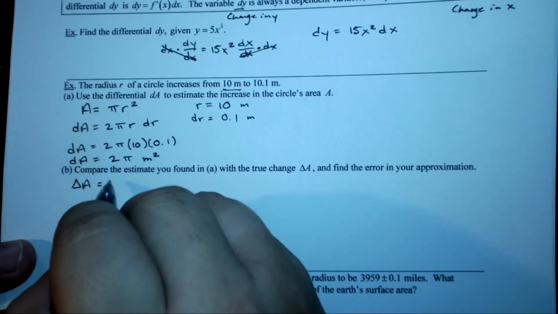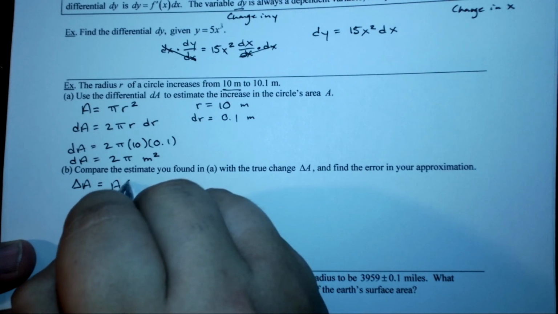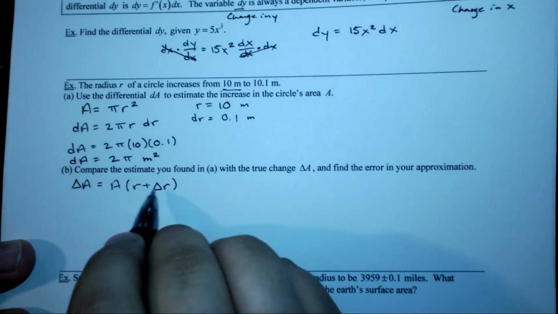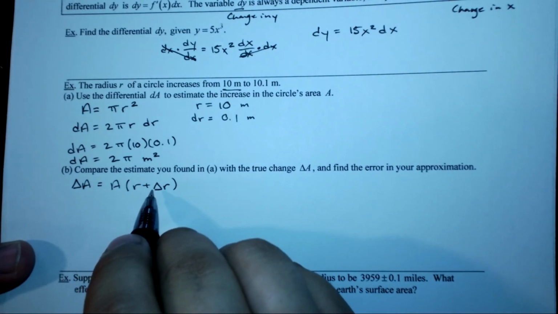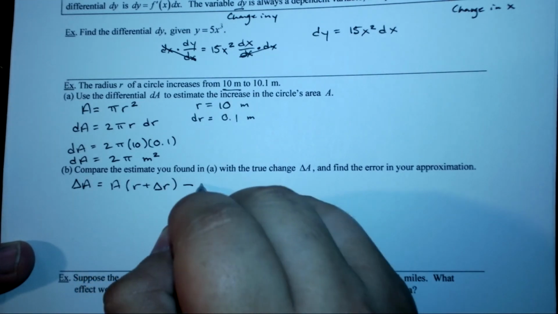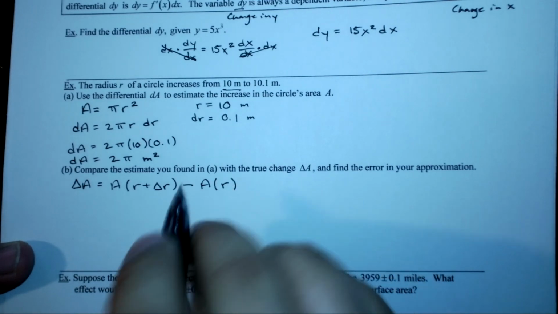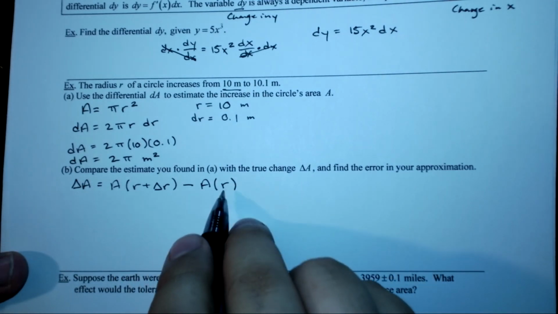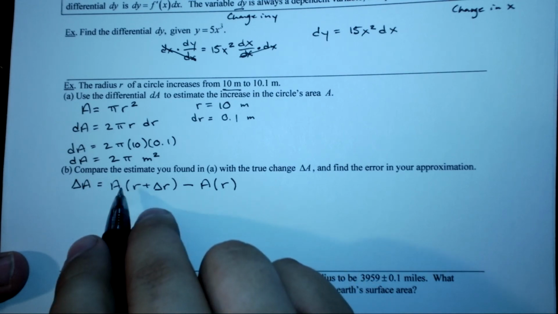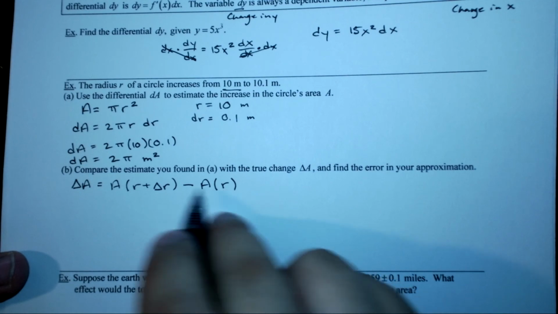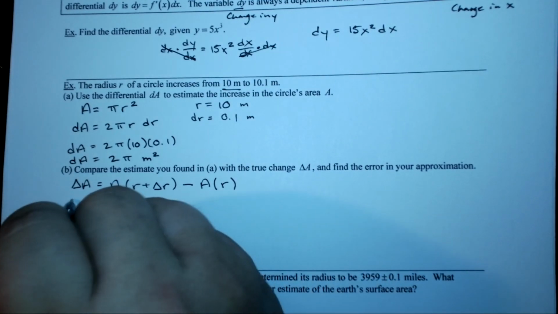Delta A is equal to A of r plus delta r, in other words r plus the change in r, minus A of r. So the area of the new radius minus the area of the original radius gives you your change in the area.